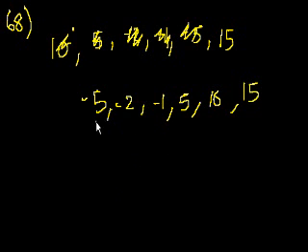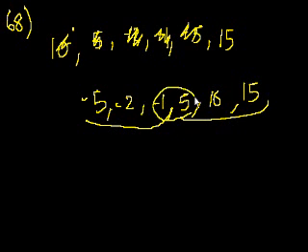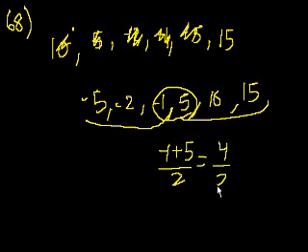If there is no true middle number, you have 3 on this side of minus 1 and less, and you have 3 on that side. So there's no middle number because we have an even number of numbers. So what you want to do is take the two middle numbers, which are minus 1 and 5, and average them. So minus 1 plus 5 over 2, which is 4 over 2, which is equal to 2. 2 degrees Celsius, which is choice C.